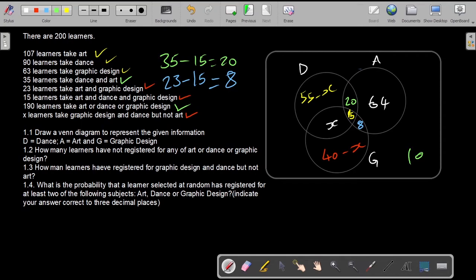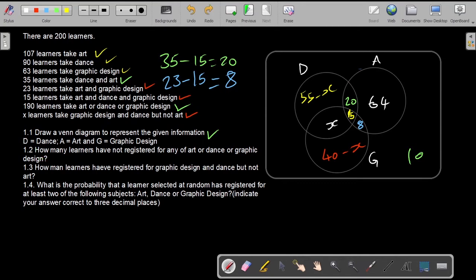Now moving on, so we've done 1.1, we can now move on to 1.2. It says how many learners, and please note that it says how many, not the probability. So it's not asking for the probability. If they were asking for the probability, they'd ask explicitly, just like in the last question where they asked for the probability. Now they only asked for the number, so how many.